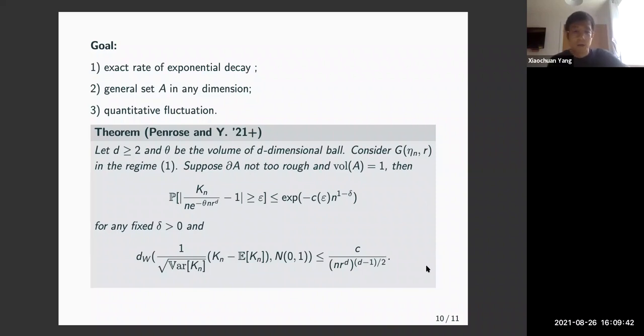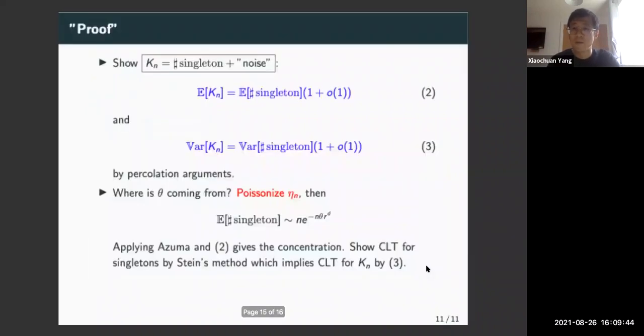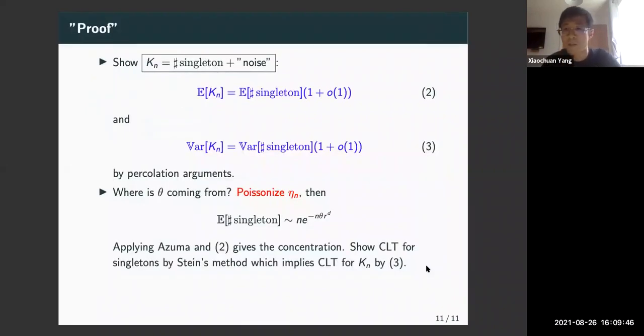Okay, the rest of the talk, so the last slides actually, will be devoted to the high-level ideas in the proof. The key equation is this boxed equation. It says that Kn is equal to the number of singletons plus noise.